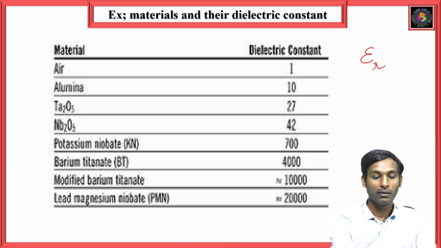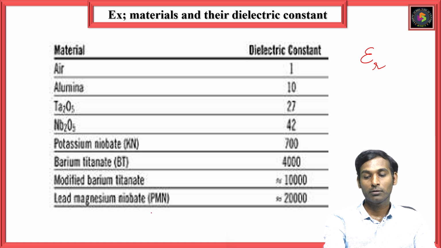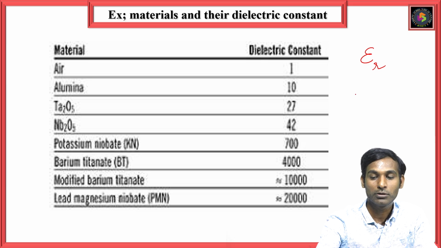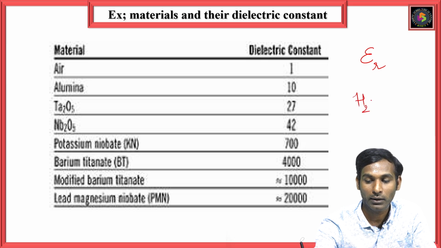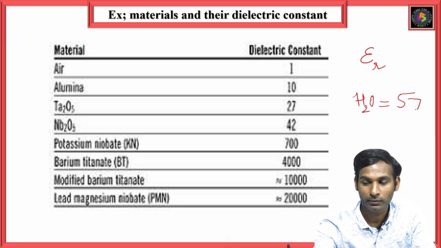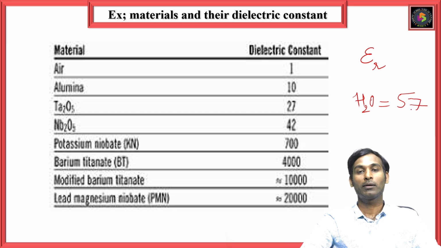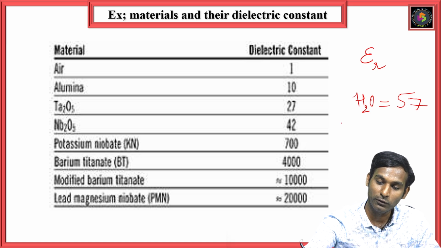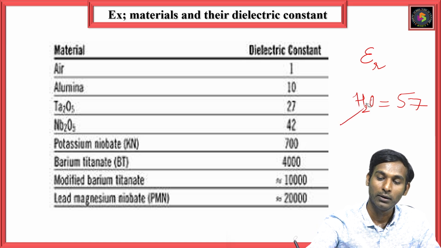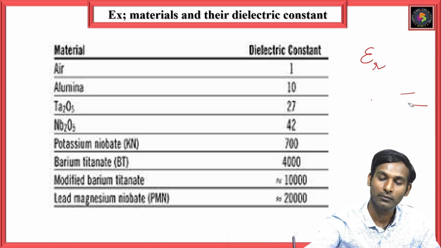You can see here lead magnesium niobate, the dielectric constant is 2000. For example, if you take the polar H2O molecule, the dielectric constant is 57. Water's dielectric constant value is 57. So every time we are taking H2O only because it is a polar material.